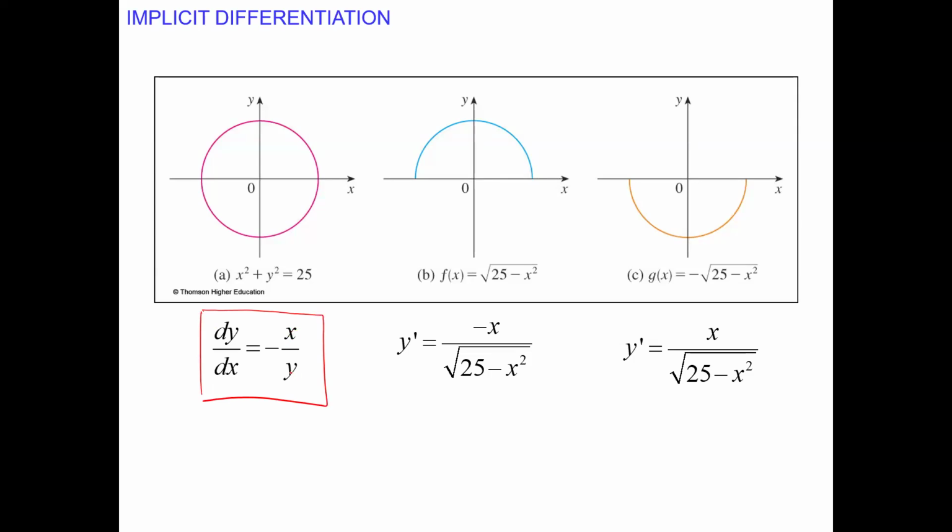The first thing you may notice is that the derivative depends on x, as always, but also depends on y, which for some applications will need additional steps. But if you compare these two, you can see this was y. If I replace the square root of 25 minus x squared with y, then yes, I have the same equation.